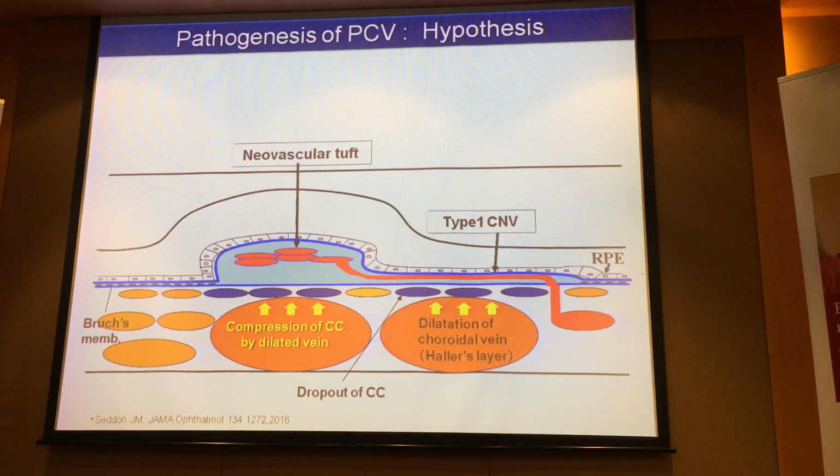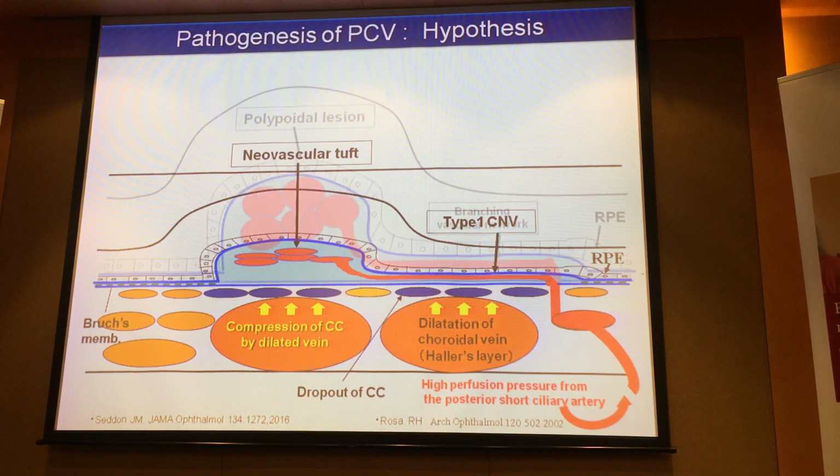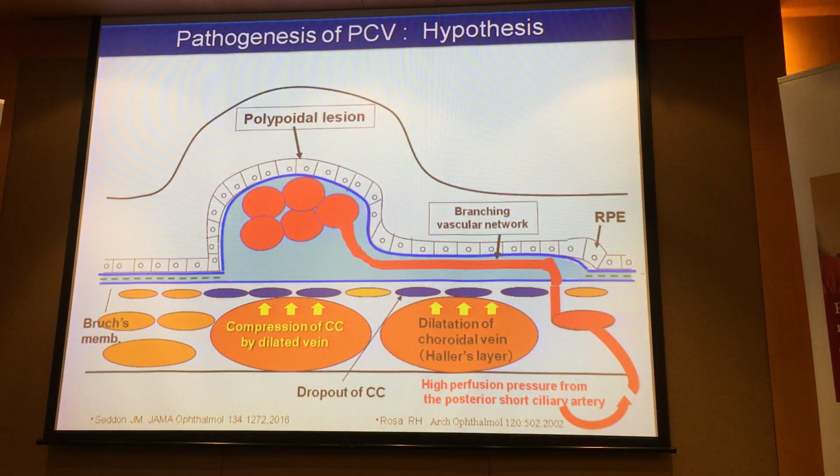Then, type 1 CNV grows, and hyperperfusion pressure from the posterior ciliary artery makes the PCV, true PCV.